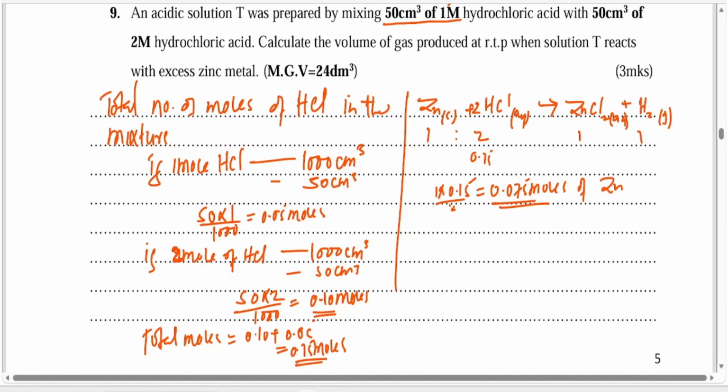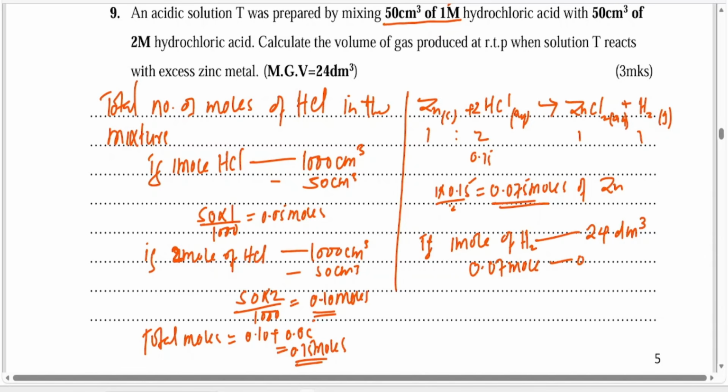And the question says we determine the volume of the gas. We know this molar gas volume is always equal to 24 liters for 1 mole. So we ask ourselves, if 1 mole of hydrogen is equivalent to 24 liters, what about 0.07 moles of the same gas?